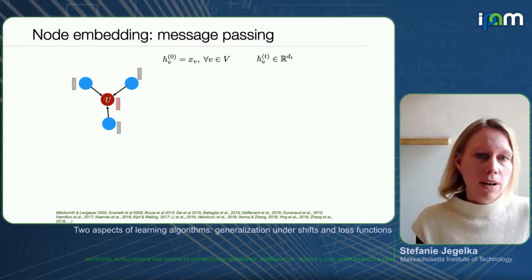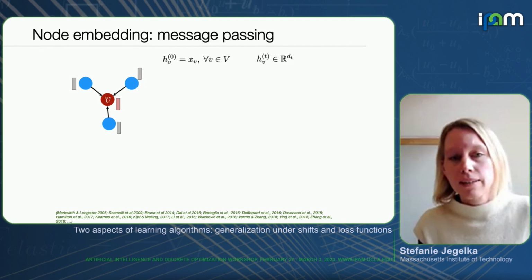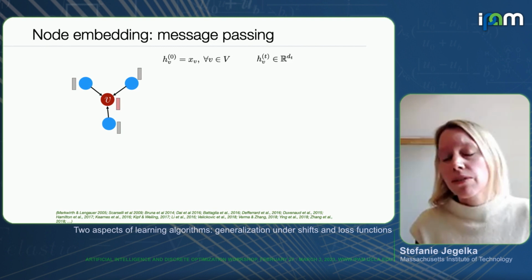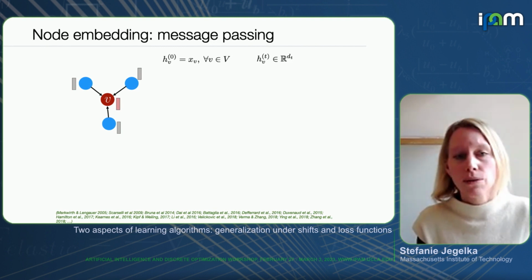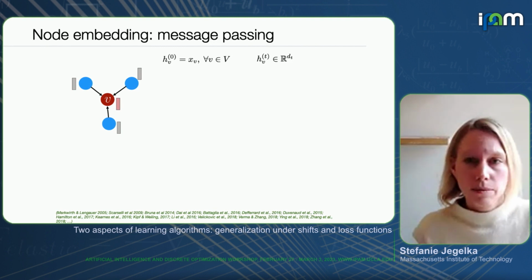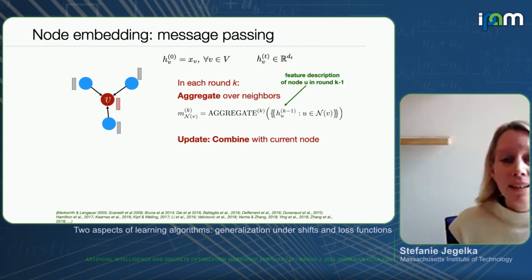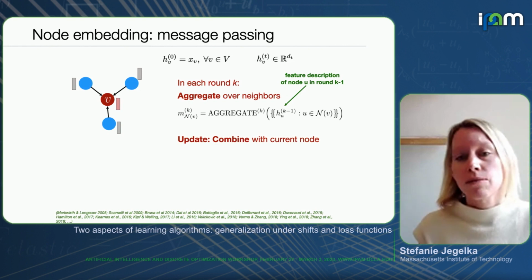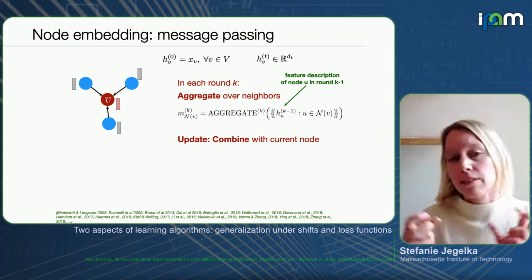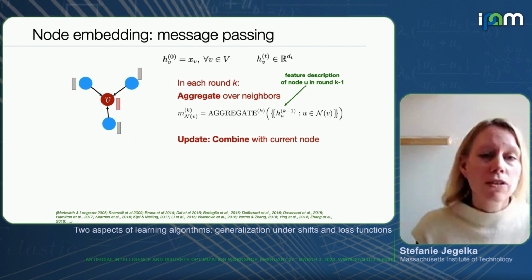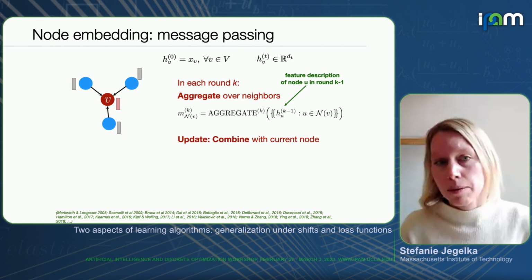So the rough structure is as follows. Let's say I want to learn the embedding of this red node V. So I start with the input features that I have for that node. If I don't have any, I can take a random vector. And then in each round, I aggregate over the information of the neighbors. So all the neighbors send their embeddings to that red node, and it updates the information based on the embeddings of the neighbors.